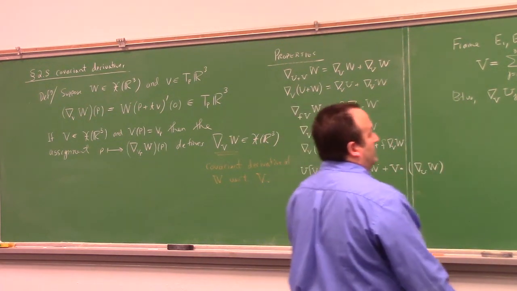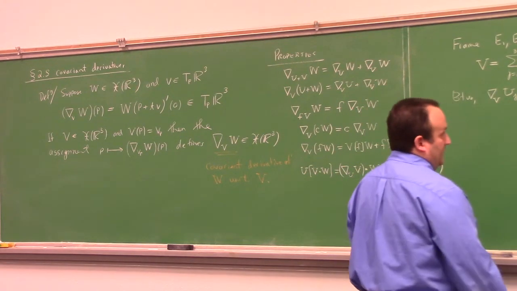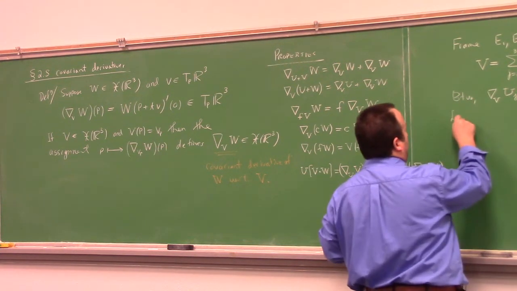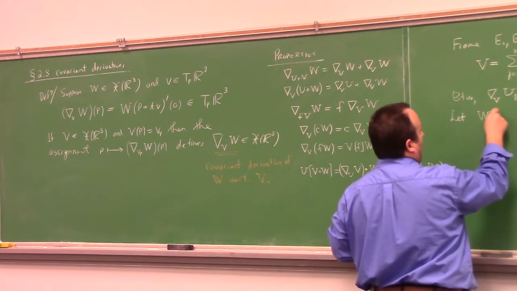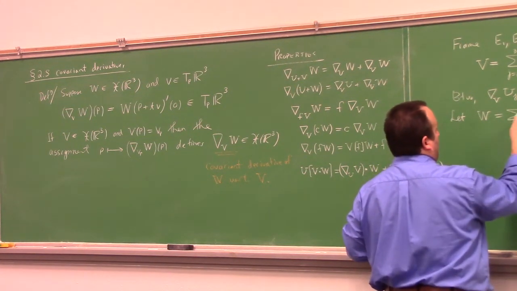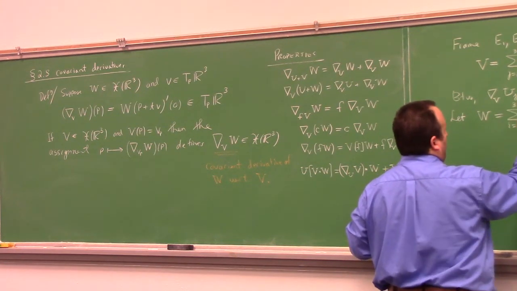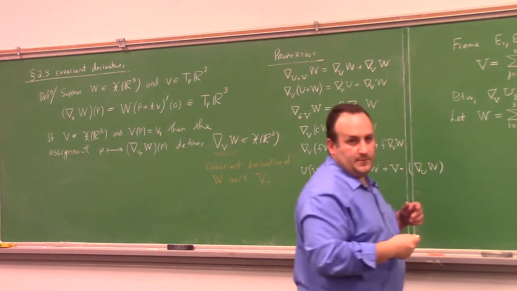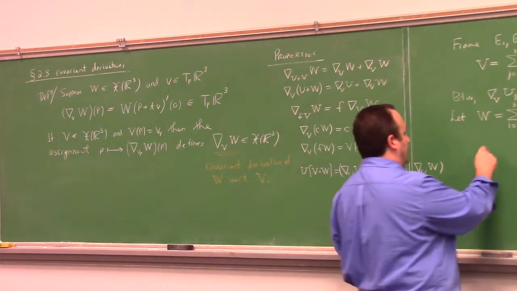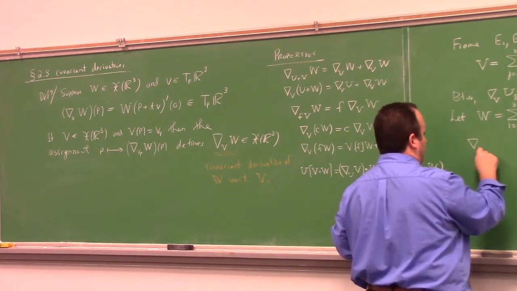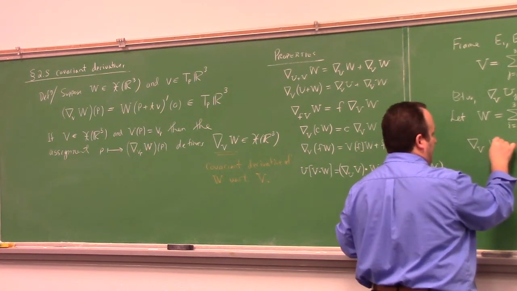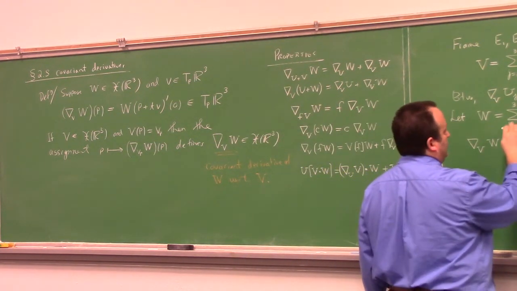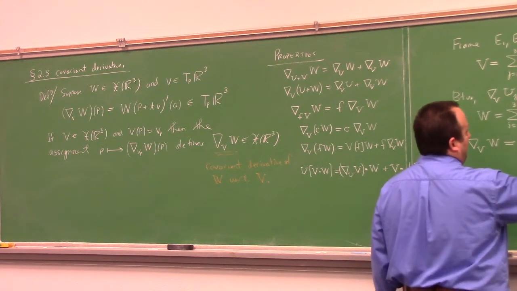So let W equal the sum, I equals 1 to 3, of G upper I, E lower I. I want to work out the covariant derivative of W with respect to V. I want to have one over I and the other over J so I don't get them confused.